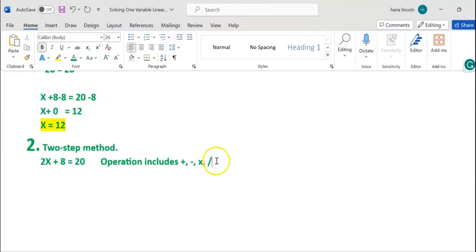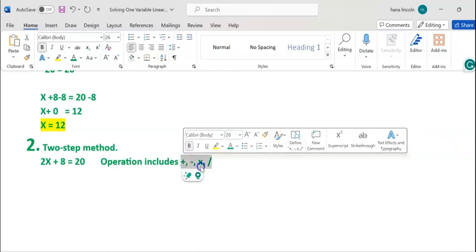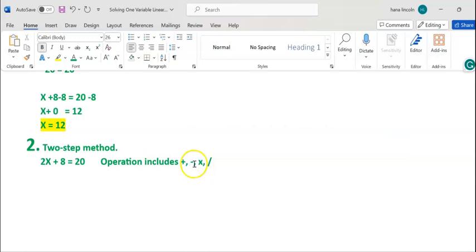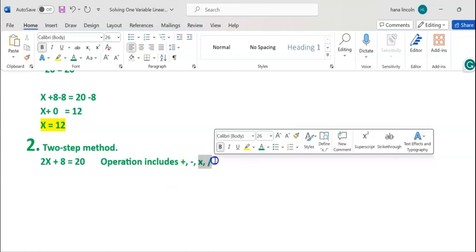Whenever you use those operations, and if we have two or more of these operations, we're going to use two steps, especially if you have multiplication and division. I'm going to explain to you now.